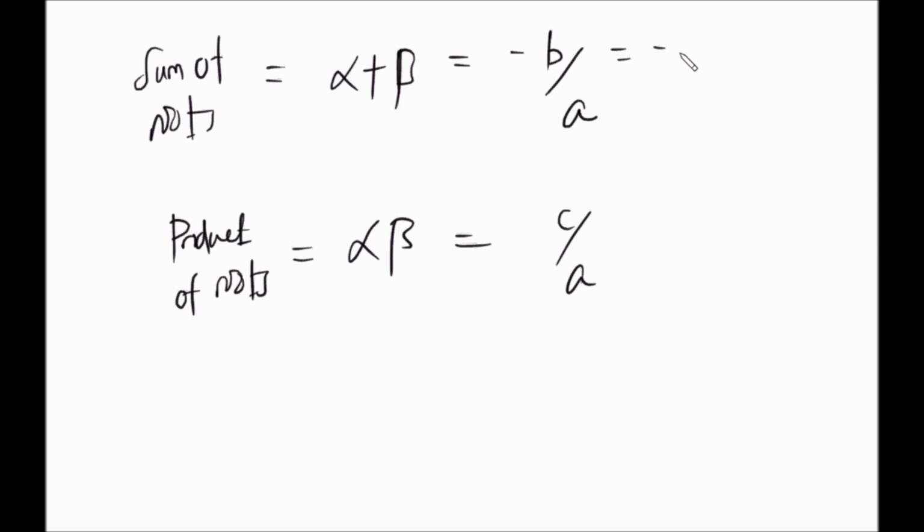So b is the coefficient of x, and a is the coefficient of x squared.